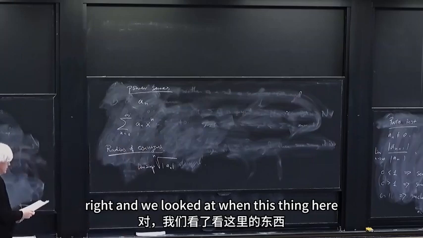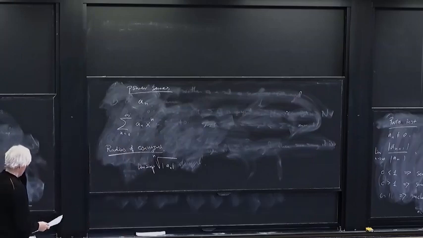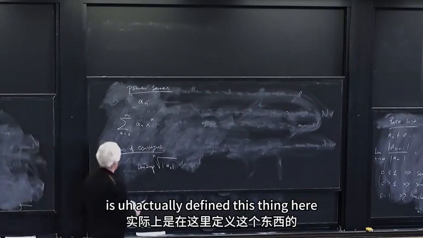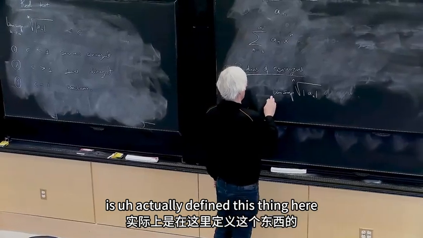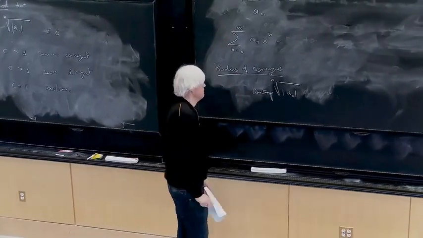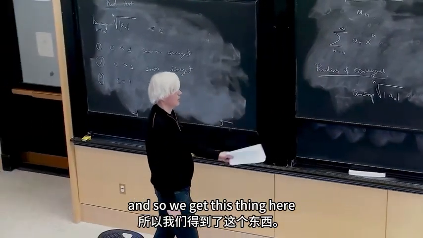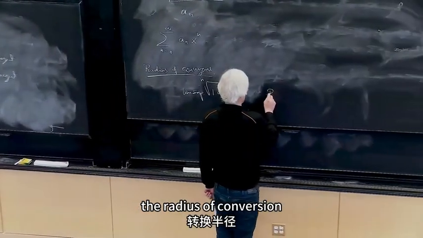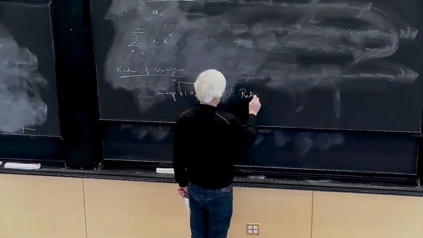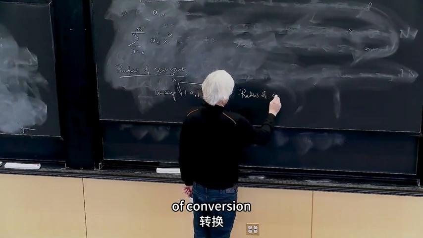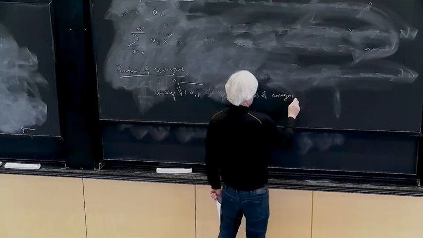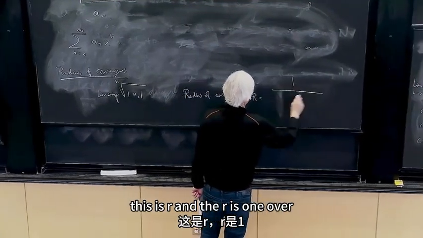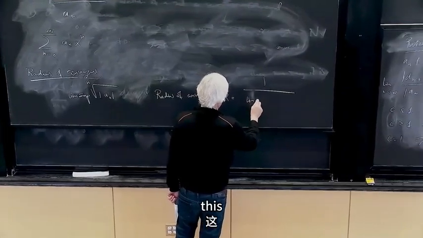We defined this quantity, and then we define the radius of convergence, R, as 1 over this limit superior.